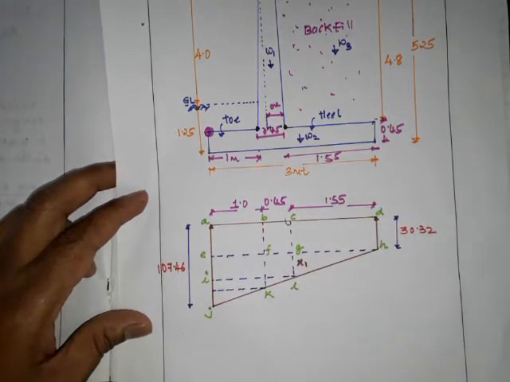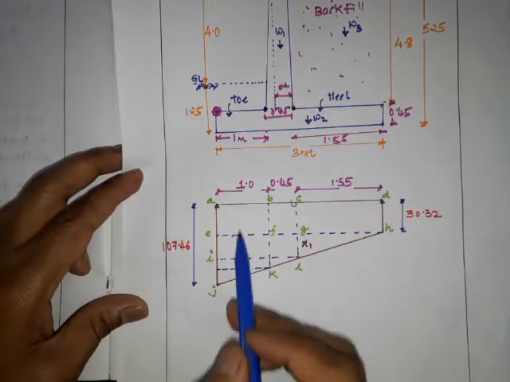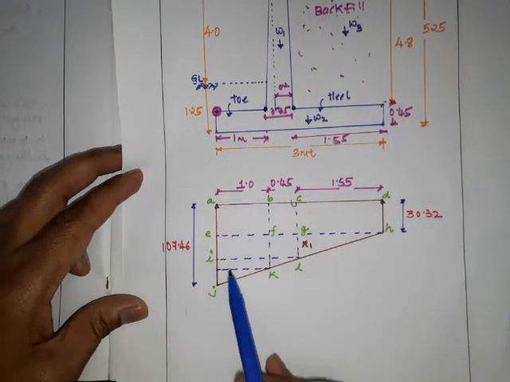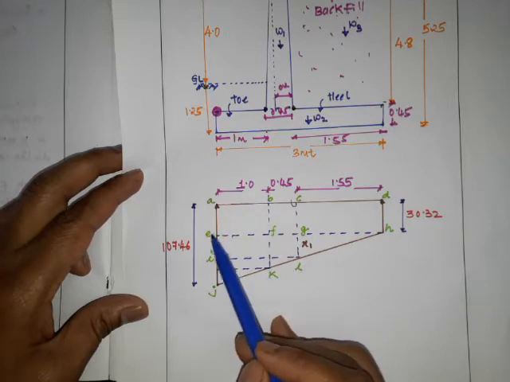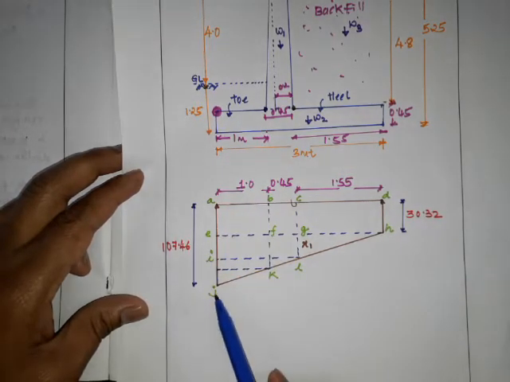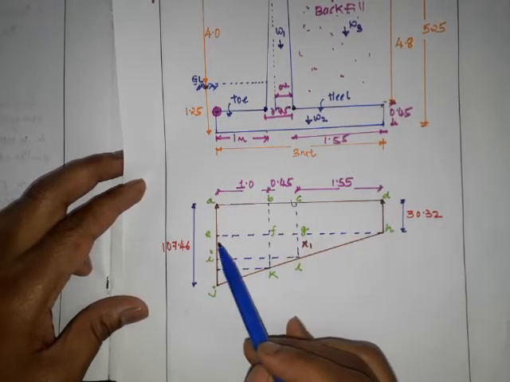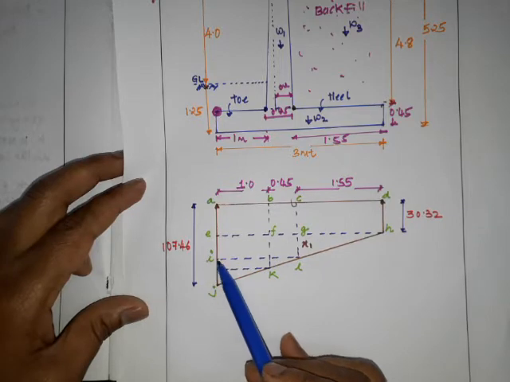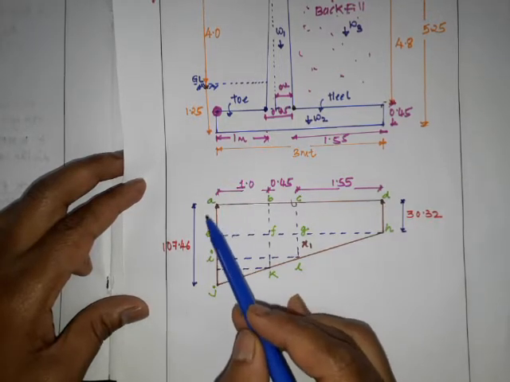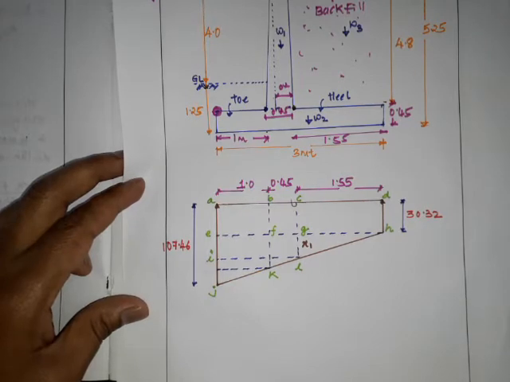So for that you have to prepare a table once again. Then here for upward pressure distribution you have to refer A, B, E, F, I, J and K. This part you need to consider for upward earth pressure.